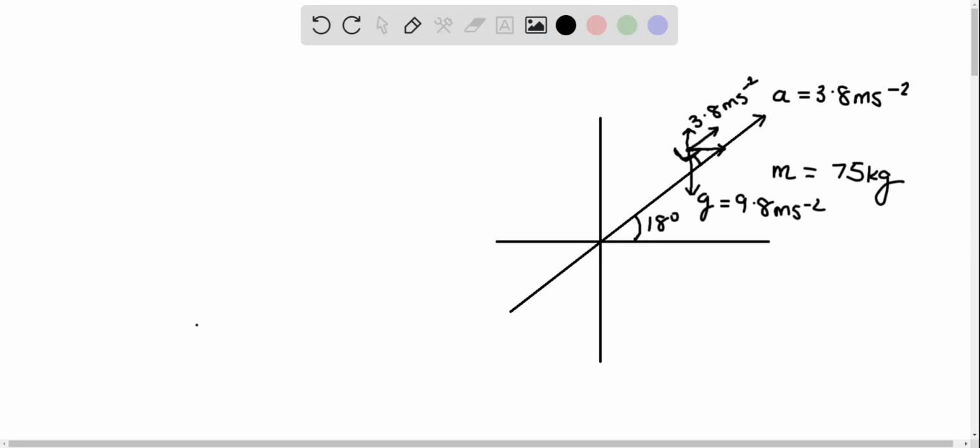Since the vertical component is opposite to the 18 degree angle, it's given by the hypotenuse times the sine of the angle. So that would be 3.8 times sine of 18 degrees. And that means the horizontal component is given by 3.8 times the cosine of 18 degrees.